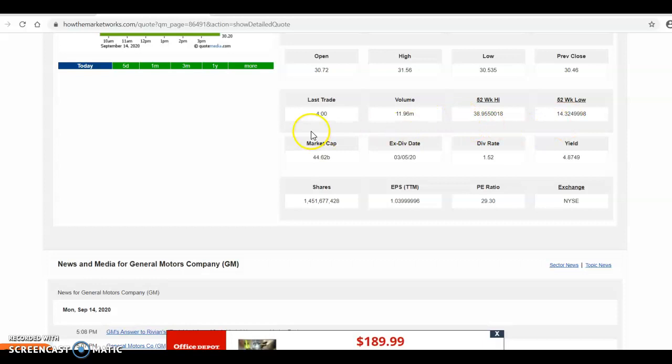Okay. Last trade was at 4 o'clock. The volume, meaning how many shares were sold today, 11.96, and that M stands for million. Almost 12 million shares traded today.